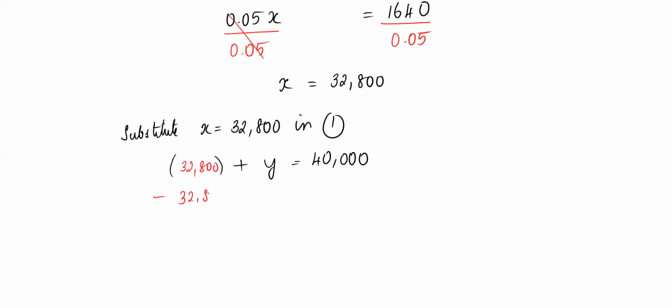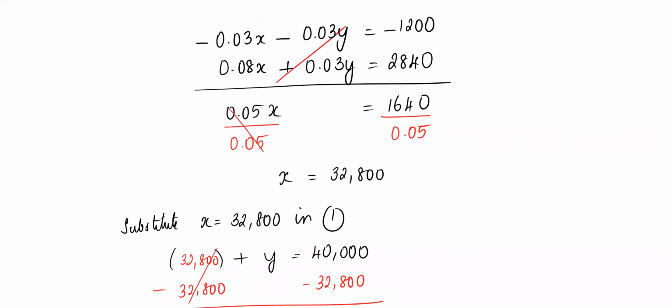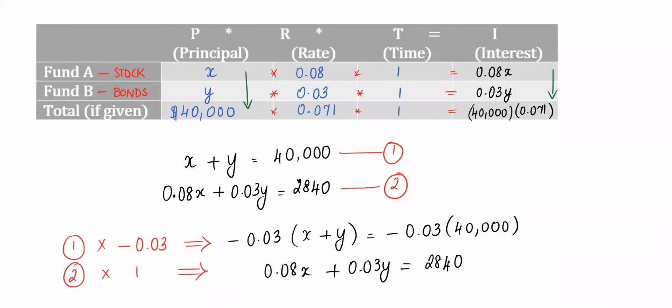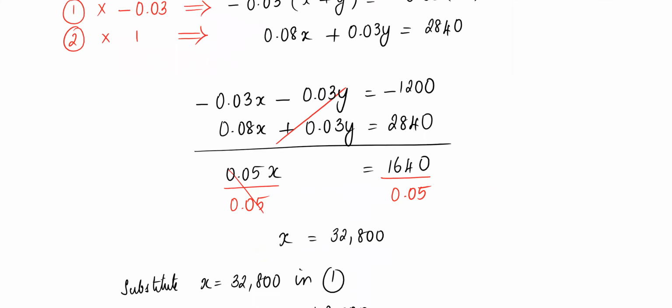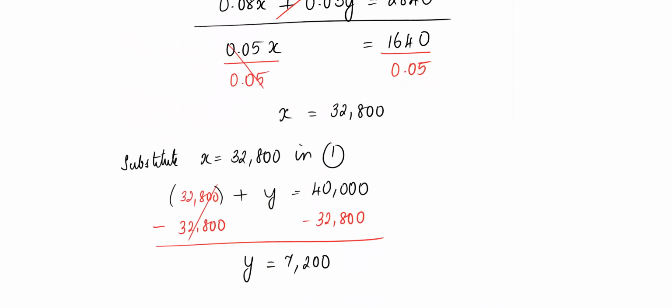Subtract that on both sides. Y equals 7,200. We got our X and Y. Go back to the table and see what X represents. X represents the stocks and Y represents the bonds. X gave a high interest rate, right, 8%. It makes more sense that he would do the bulk of his investment in that which earns more interest.